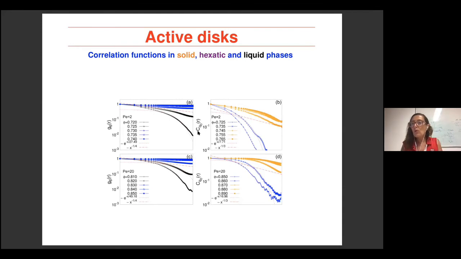But if you want to go deeper and see whether the disclination unbinding mechanism that is supposed to be behind the hexatic-liquid transition in the usual Halperin-Nelson-Young picture, then you will see that this is not driving the transition, even in the passive case. I don't have time to show you the data, but yeah.